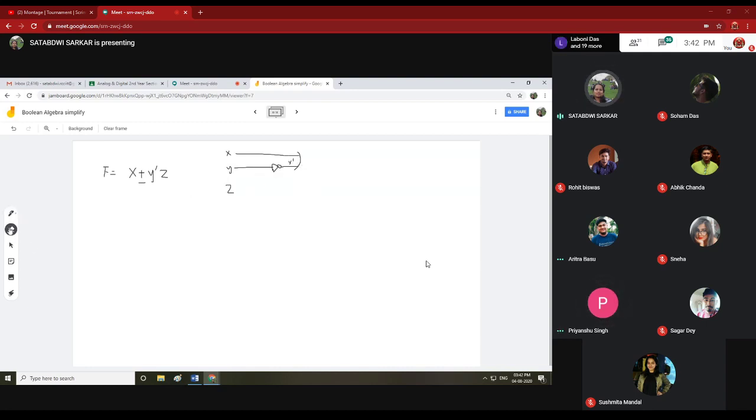Ma'am, because we are passing one input through the NOT gate, I think there should be a small box type thing before the NOT gate, as only one input is passing. Ma'am, through that NOT gate we are passing only one input, that is Y. So that box is given just before the NOT gate to show that we are passing only one input.